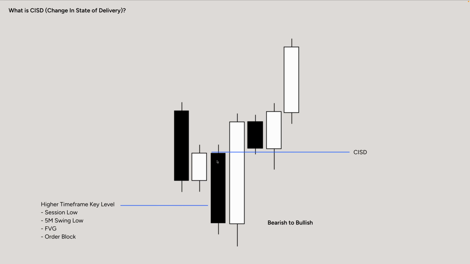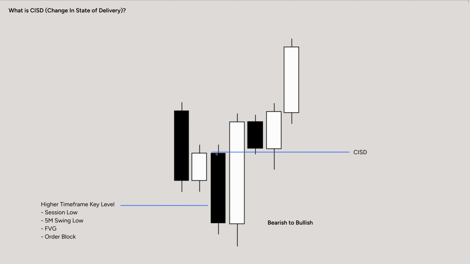The next candle is the bearish candle that pushes into the key level. So now I move my CISD line down from this candle to this candle body open. Why? Because now this is the candle that pushes into this higher time frame key level.